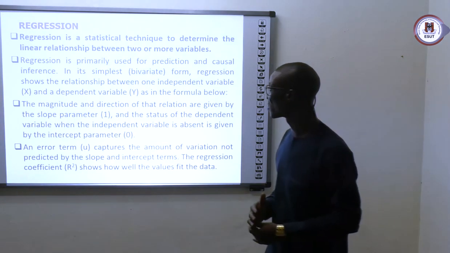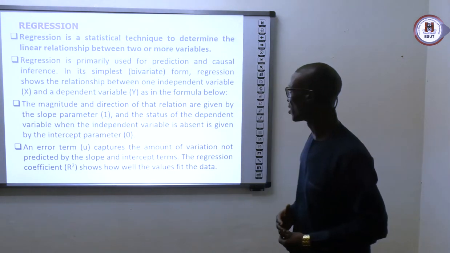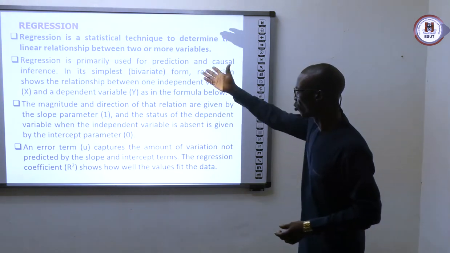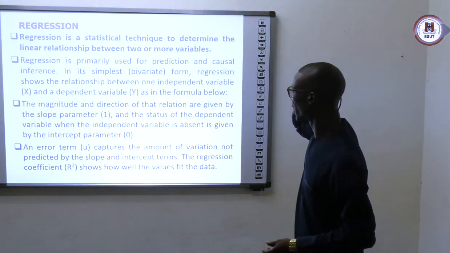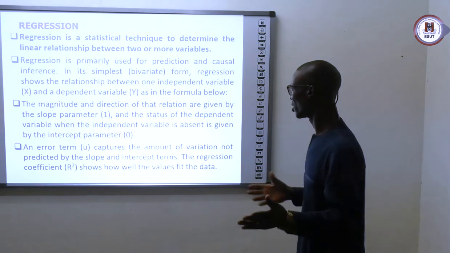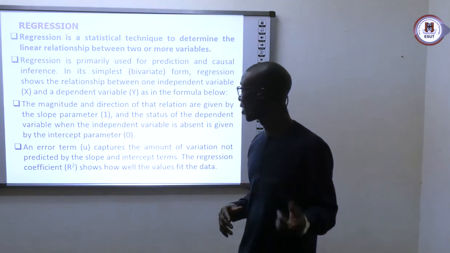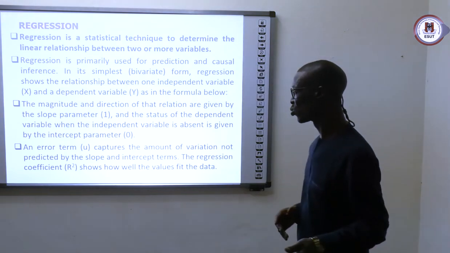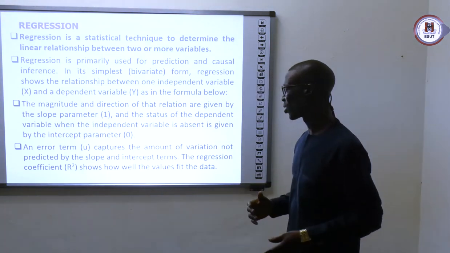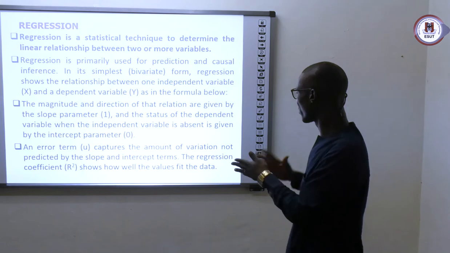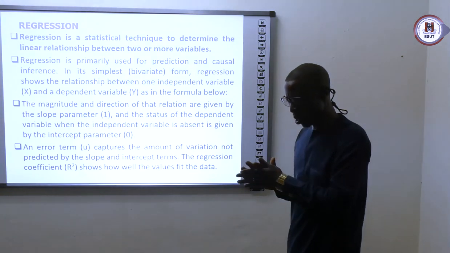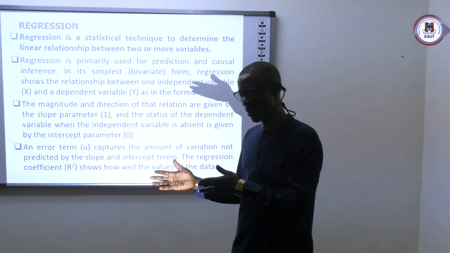There could be quantitative and there could be qualitative. As we've said before, we've discussed what regression is all about. That is just an analysis we use for the relationship between one or more variables. In determining this relationship, we normally look at the variation.